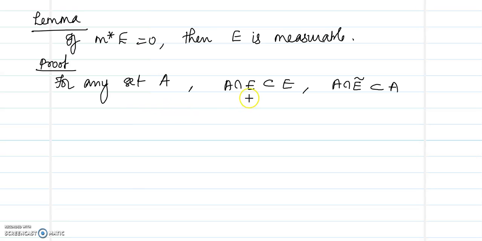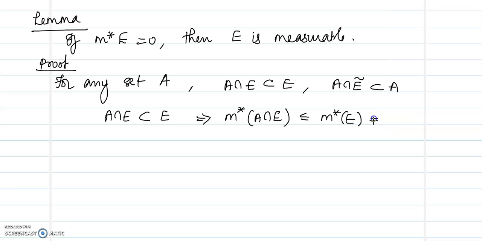Since A intersection E is a subset of E, when you take the outer measure, if A is contained in B, then m star of A will be less than or equal to m star of B. So here m star of A intersection E will be less than or equal to m star of E. But it is given that m star E is 0, so m star of A intersection E will be less than or equal to 0.